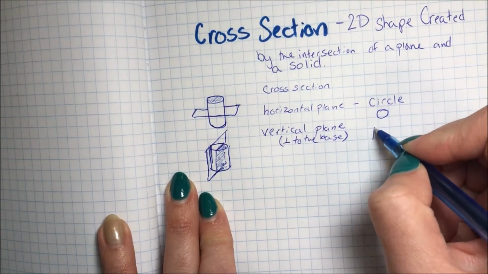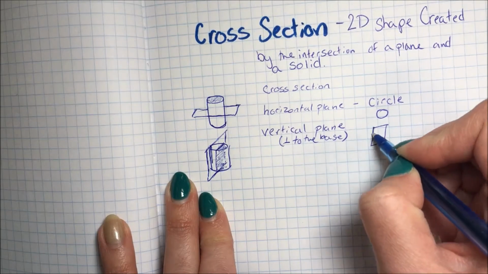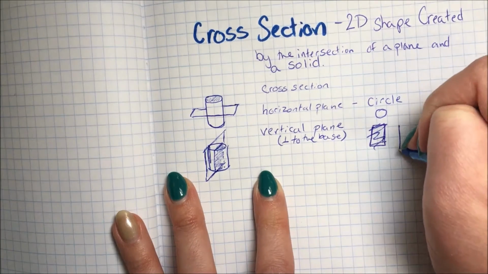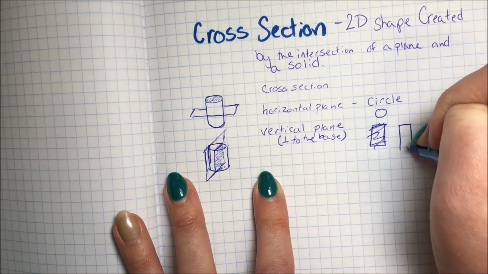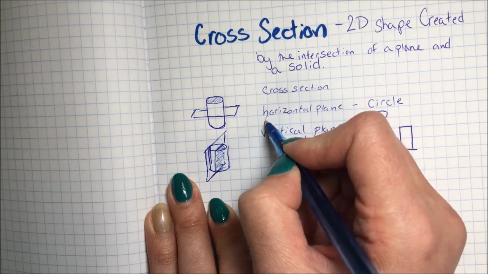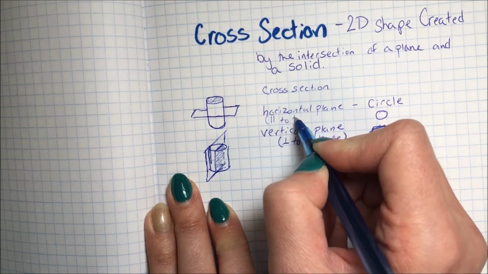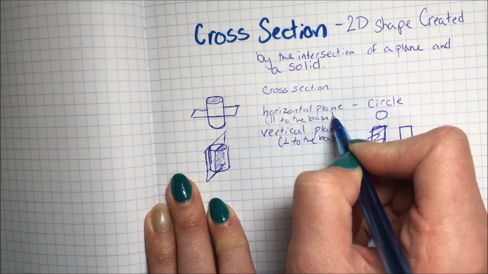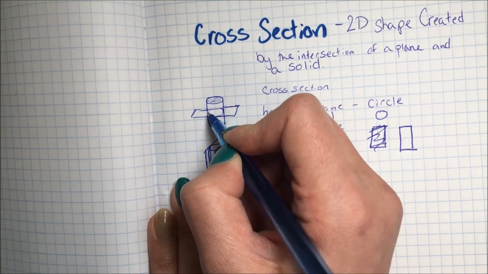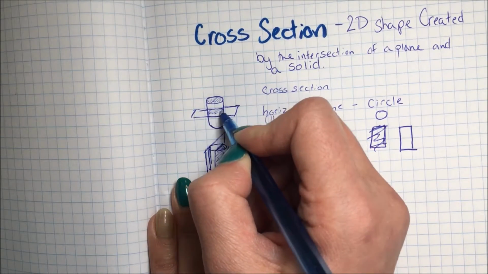And that would be a rectangle. If I can make it look like a rectangle, that would be most helpful. Okay. If I could think of the horizontal plane as being parallel to the base, I kind of go through this shaded in part, and you would see that circle.